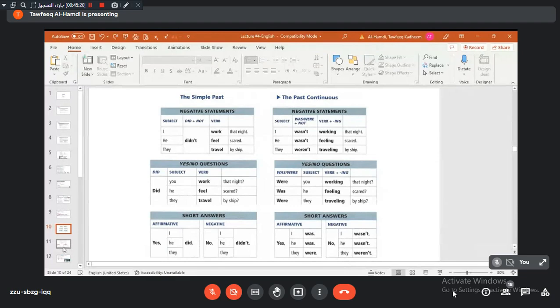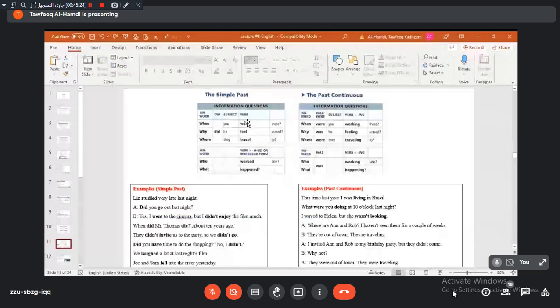In case I would like to form information questions using a WH word, I can use the WH word followed by did, and then the subject followed by verb in the case of simple past.